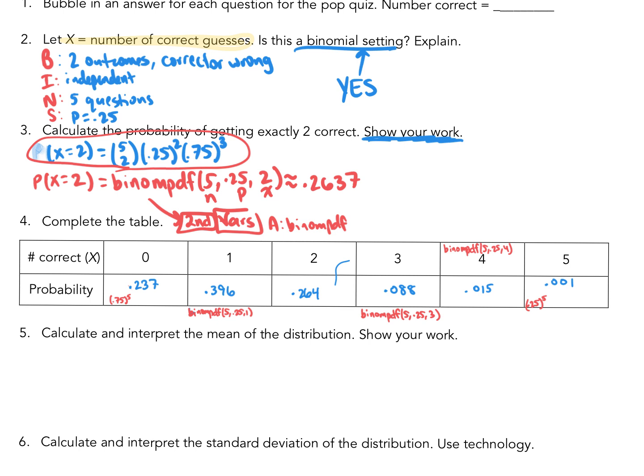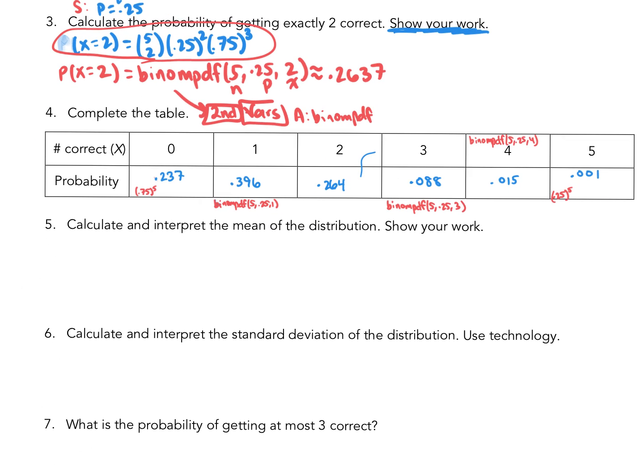So look at what we are doing next. We are going to calculate and then interpret the mean of our distribution. We found the mean earlier, in the first and second parts of our unit. But remember, to find the mean, what we would do is take the number of correct times its probability.